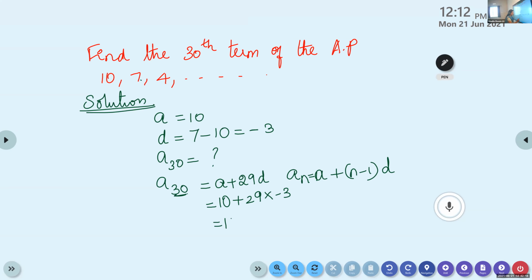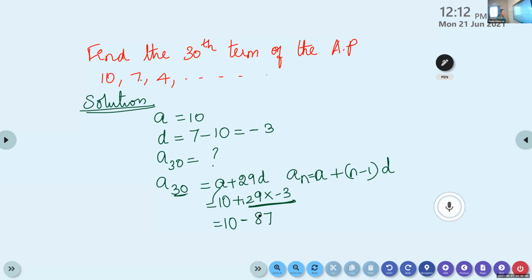See, first we should do the multiplication. Don't add these two and make a mistake. First we should do the multiplication. What is 29 into negative 3? It is negative 87, isn't it?